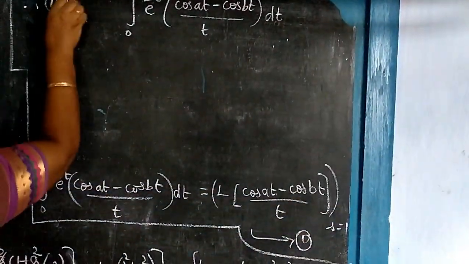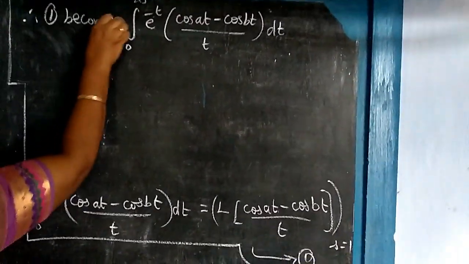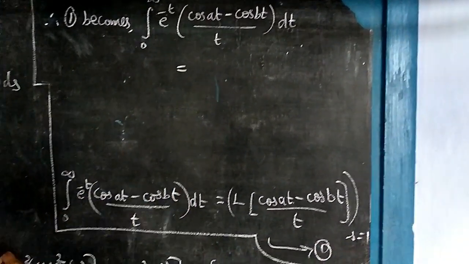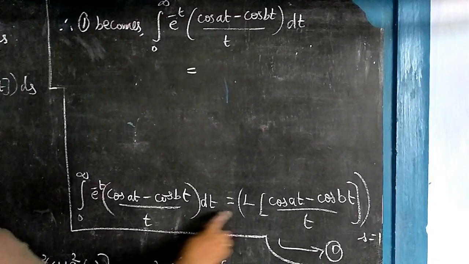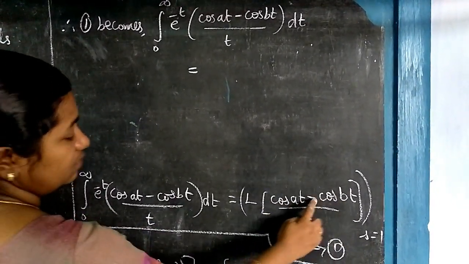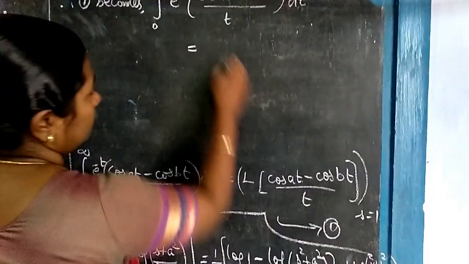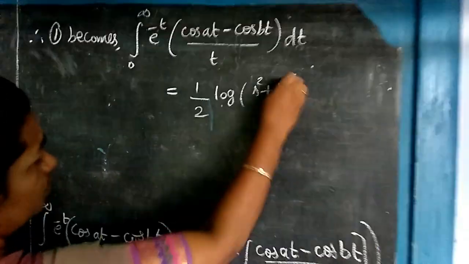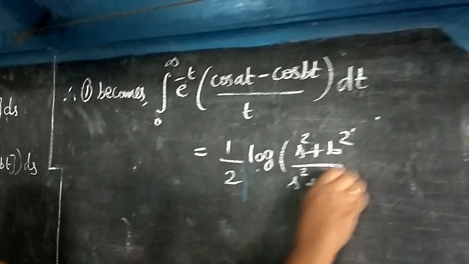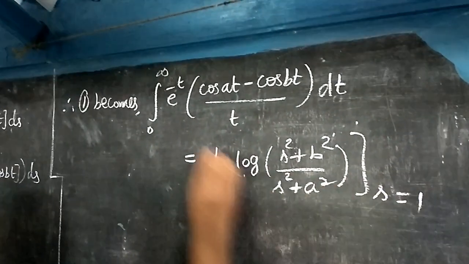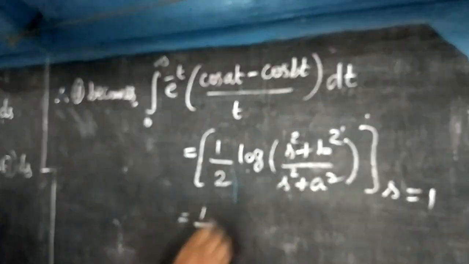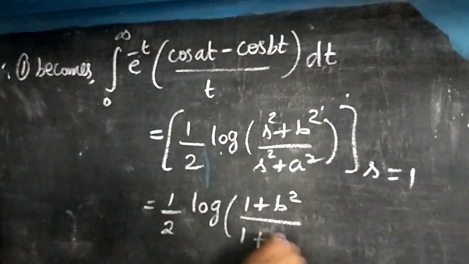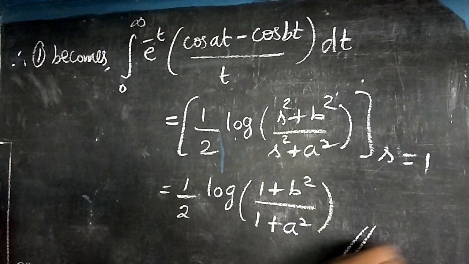Therefore, equation 1 becomes integral 0 to infinity e power minus t into cos at minus cos bt by t dt, which is equal to the Laplace transformation of cos at minus cos bt by t. That is 1 by 2 log of s square plus b square by s square plus a square at s equal to 1. It is 1 by 2 log of 1 plus b square by 1 plus a square.